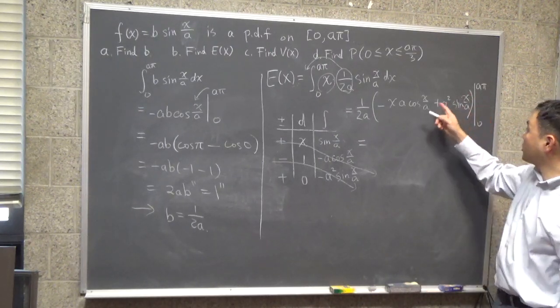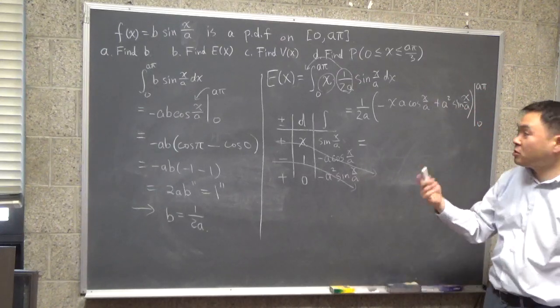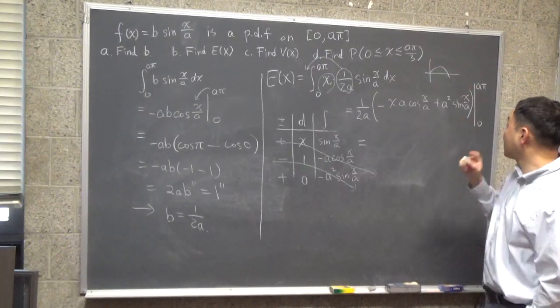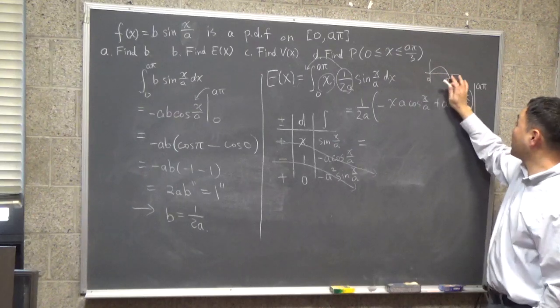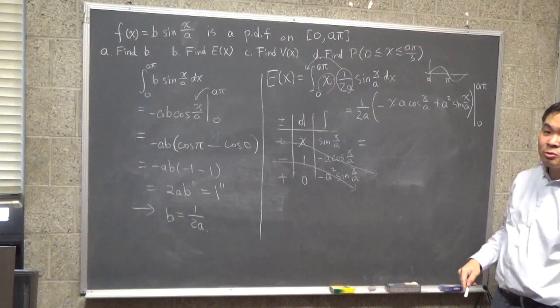And when a pi and 0 go into sine, both of the values are 0, because again sine is 0 at 0 and pi. That's the graph of sine. So that's not going to produce anything.